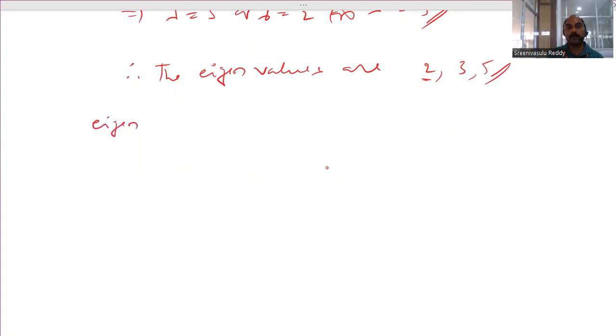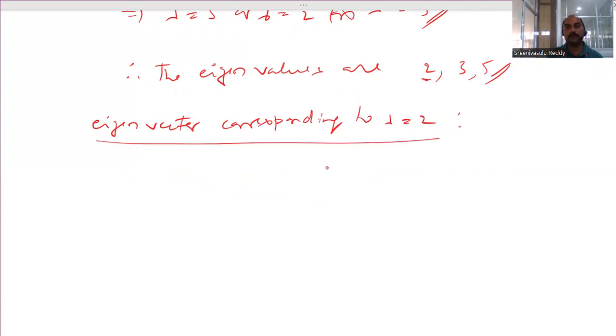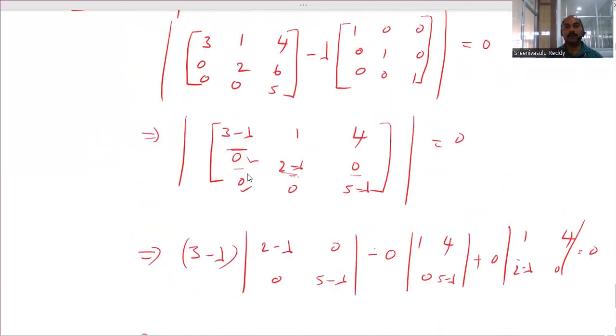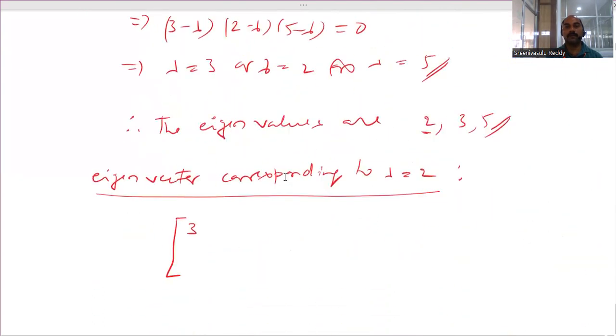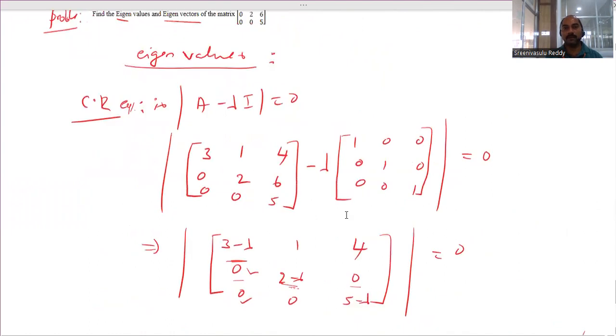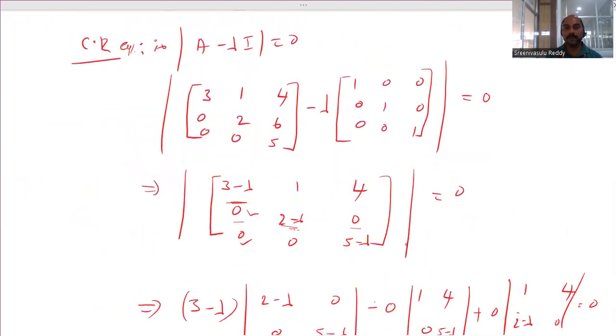Eigenvector corresponding to eigenvalue lambda equal to 2. As per procedure, first step is A, where A means 3, 1, 4, first row; here 6, not 0, sorry, here 6.